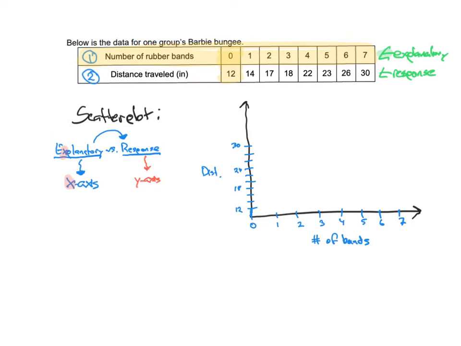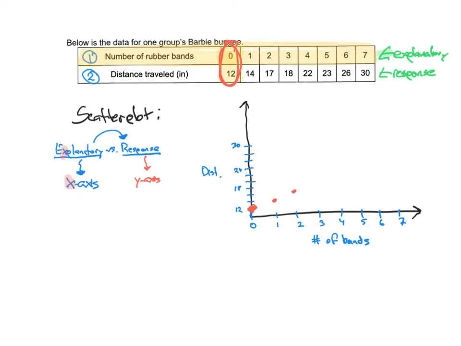Okay, so a scatter plot is two quantitative variables being plotted on the same plot, both with its x and y values. So let's look at the first one here, 0, 12. 0, 12 would go right there. That's the first, 0 bands and went 12. 1, 14, well, that's going to be right there. 2, 17, well, that's going to be about right here.